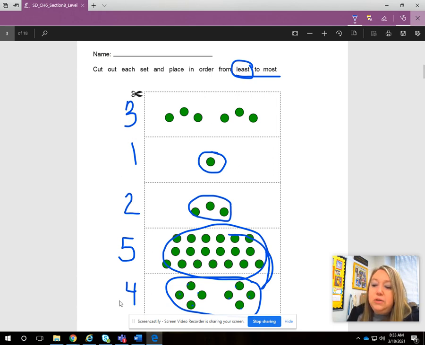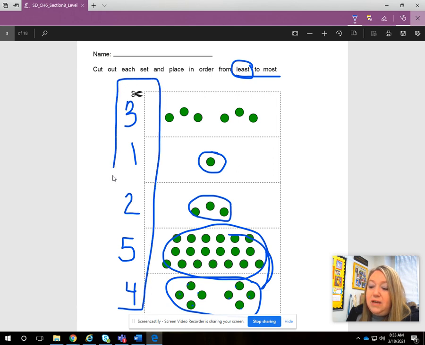But I want you to remember that these numbers are the order for which these would go. Okay, so if I were able to cut these out and put them in order, the order would be first this one, then number 2 this one, then number 3 this one, number 4 this one, number 5 this one.